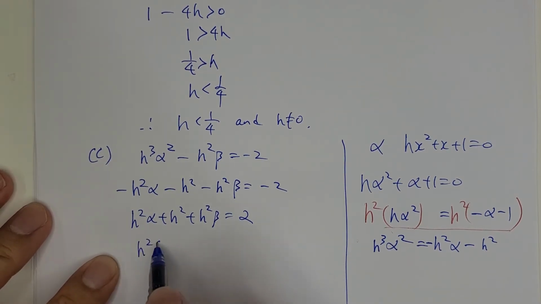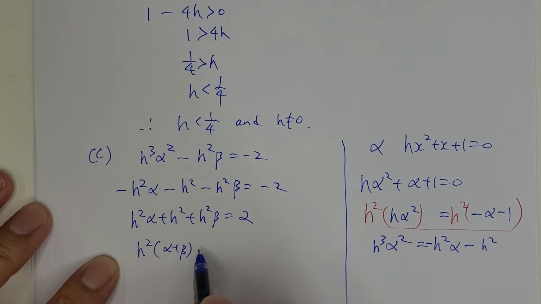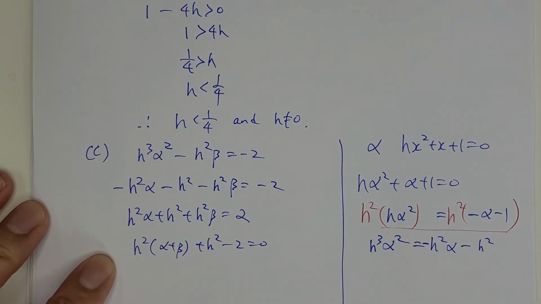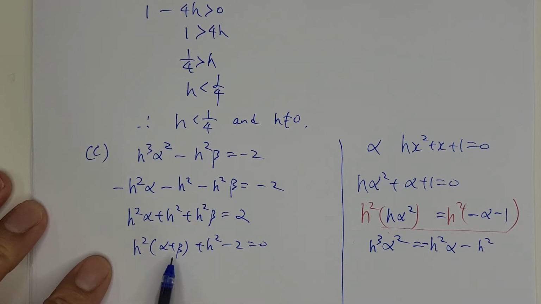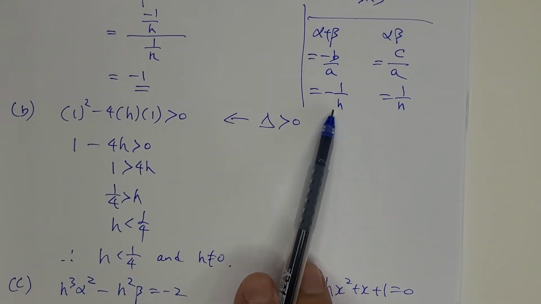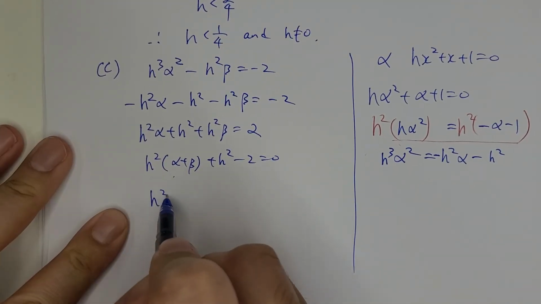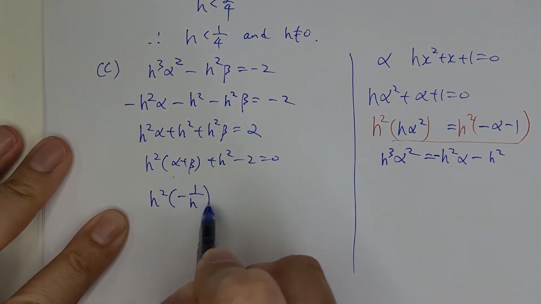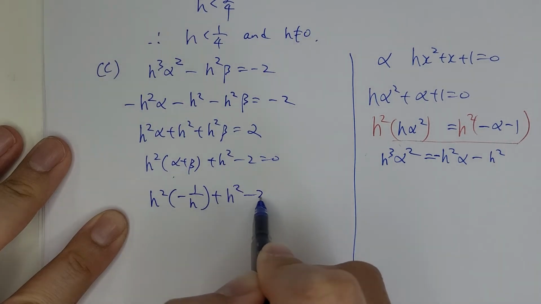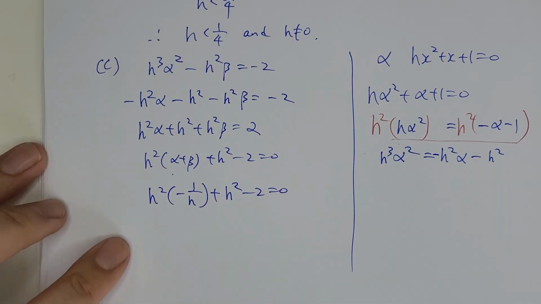h squared bracket alpha plus beta plus h squared minus 2 equal to 0. And you find that alpha plus beta, as you see, is -1 over h. So h squared multiplied by -1 over h plus h squared minus 2 equal to 0.